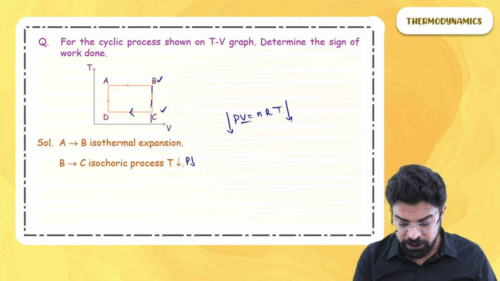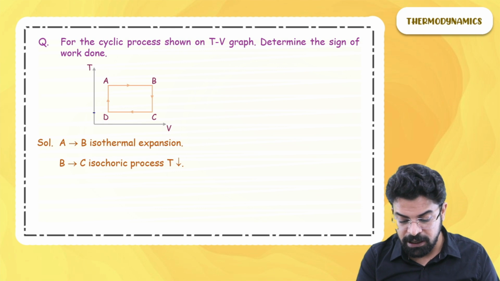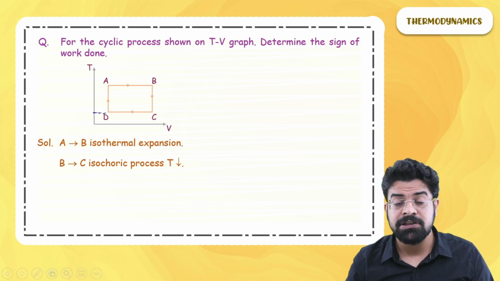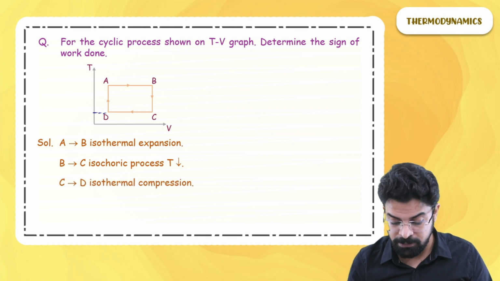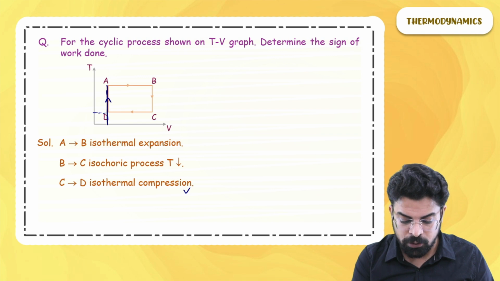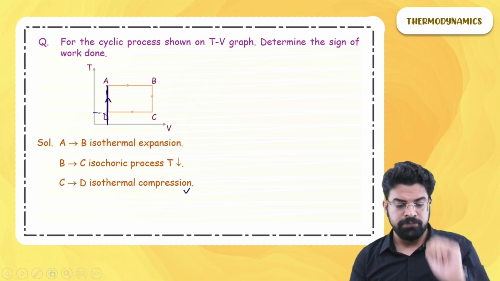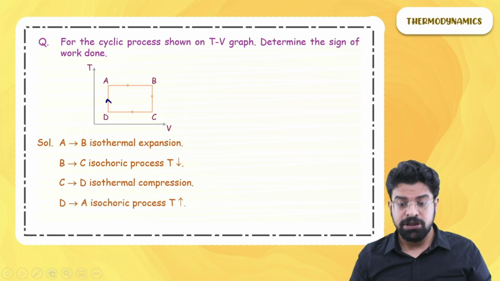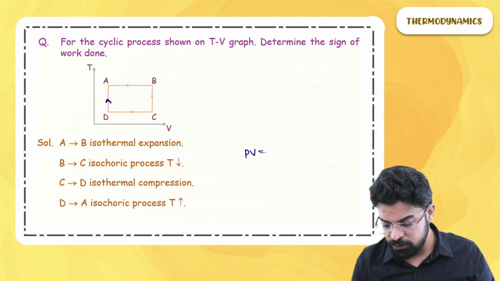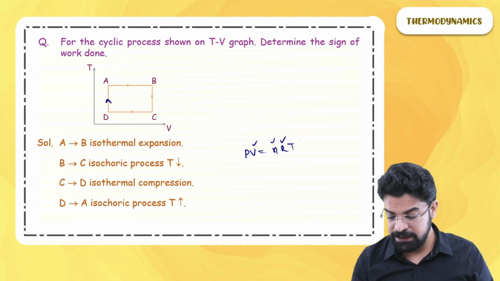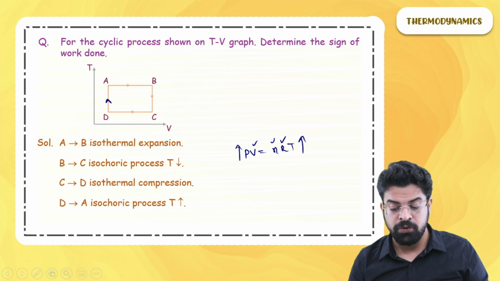From C to D, which type of process? Again, from C to D, temperature is constant but the volume is decreasing, so it is isothermal compression. And from D to A, again an isochoric process. Volume is constant, but temperature is increasing. From PV equals nRT, with volume, n and R constant and temperature increasing, the pressure should increase.